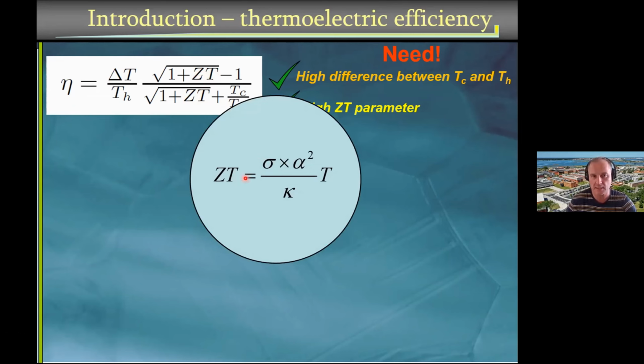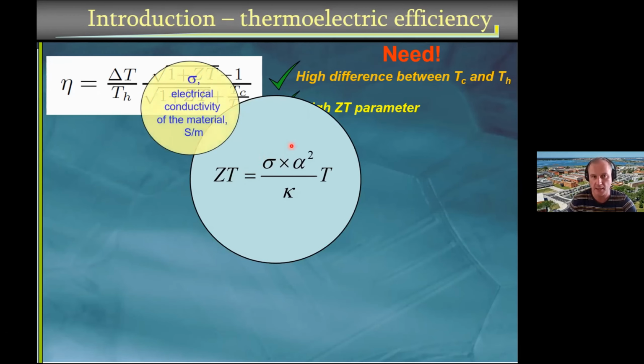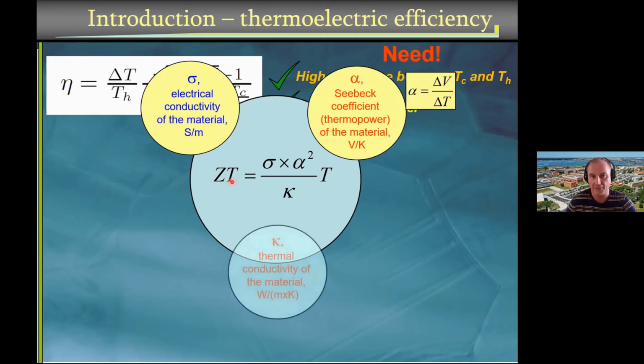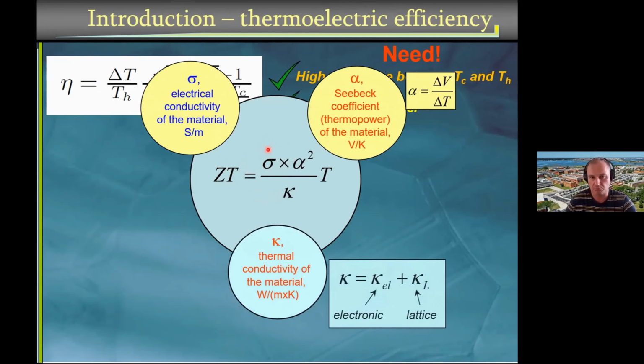And this ZT is basically linked to very basic material properties: electrical conductivity, the Seebeck coefficient, and the thermal conductivity. The Seebeck coefficient is basically the ratio between the thermally generated voltage and the temperature difference which generated this voltage. So actually everything seems quite simple, but the problem is that we have a very small window of opportunities to tune these properties independently.